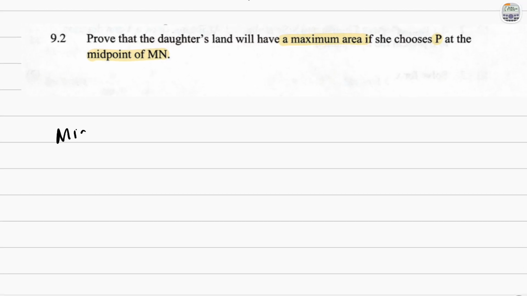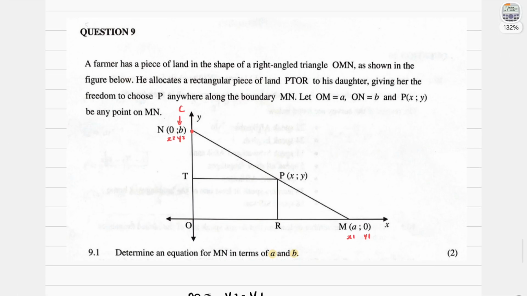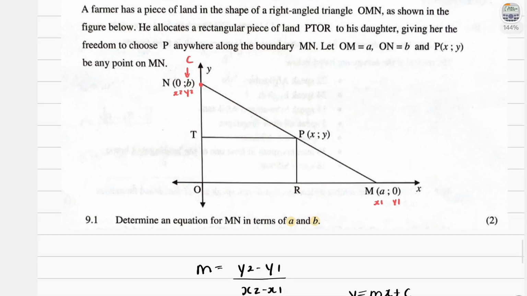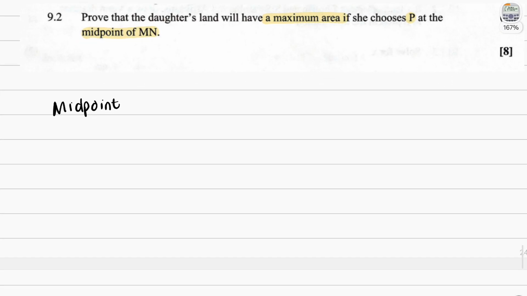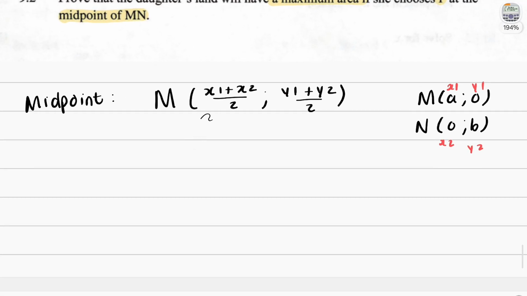Let's find the midpoint of that line. The midpoint of line MN, if M is (a, 0) and N is (0, b), let's find it using the midpoint formula. We'll find the midpoint by substituting those points in. This will give us that point P, supposedly. We'll just say it's the midpoint of MN.